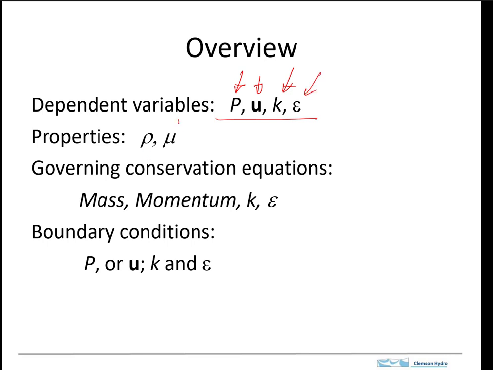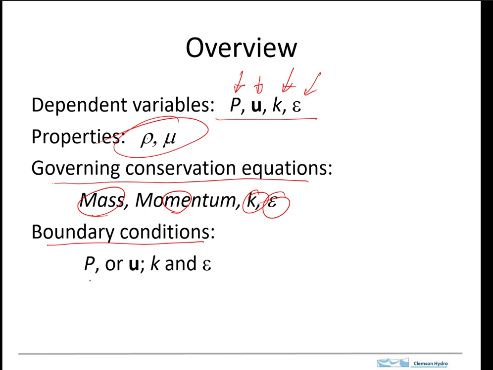The properties that we need to provide are the density of the fluid and the viscosity of the fluid. We have now 4 governing equations, mass and momentum, and then we saw these 2 governing equations. Also, they're conservation equations. And we need now boundary conditions for pressure, velocity, K, and epsilon.